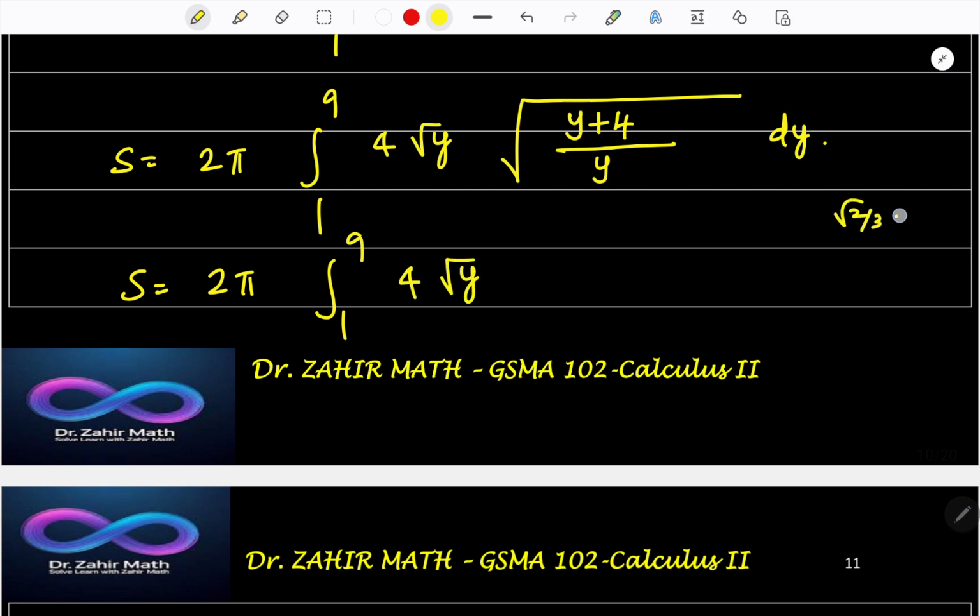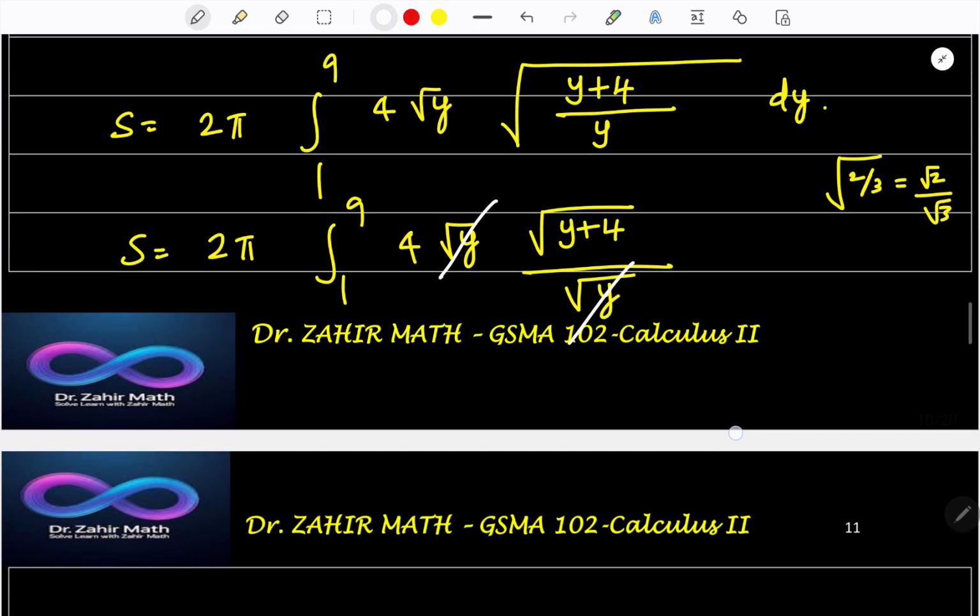Same idea, I'm going to write it as y plus 4 divided by square root of y. So what happens now? Square root of y cancels.